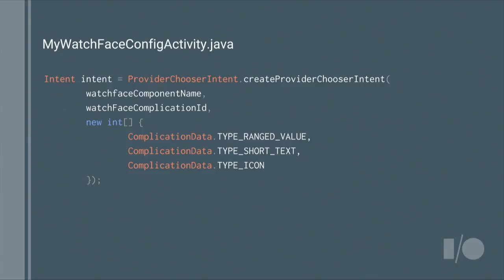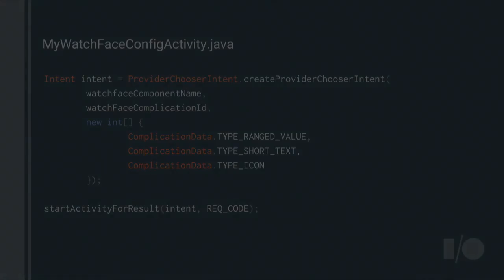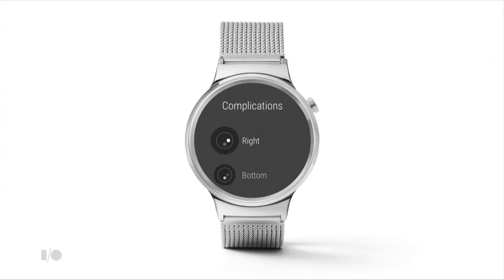OK, so then when you have the intent, you call startActivityForResult to show the system provider chooser. So when the user taps on an item in this list, the system provider chooser is shown. Now, when the user chooses a provider in this UI, it gets set up automatically. You don't need to do anything else.